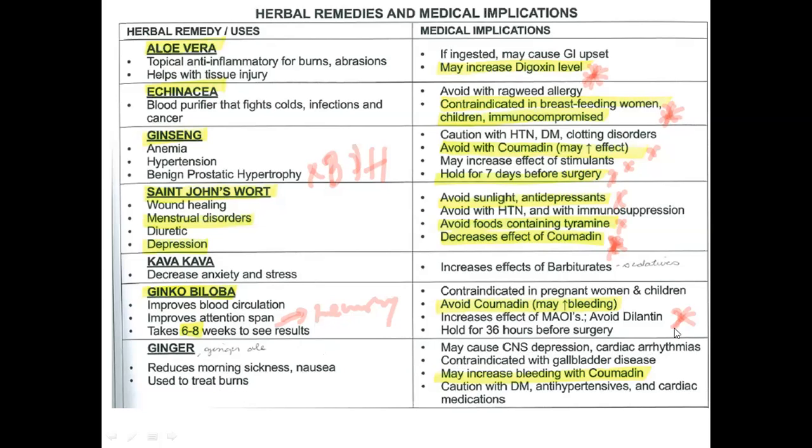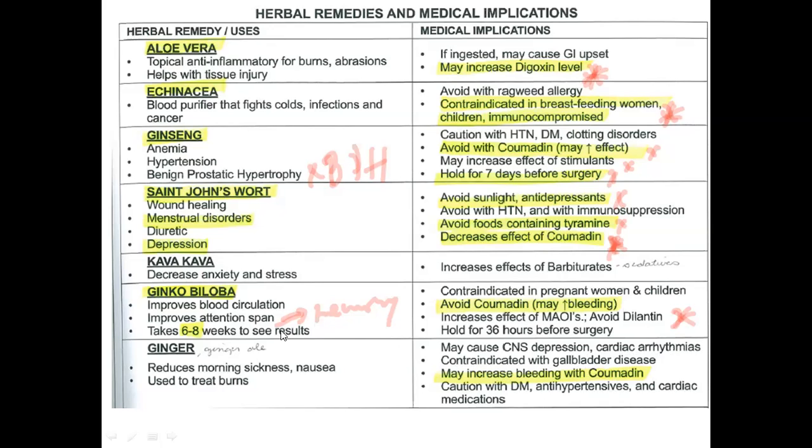So if you give, it is good to check the pulse rate, heart rate, because cardiac arrhythmia leads to dysrhythmia and dysrhythmia leads to heart failure. They're contraindicated with gallstone disease. So if anybody has cholelithiasis, cholecystitis, it is good not to give them. Ginger may increase the bleeding with coumadin, right?